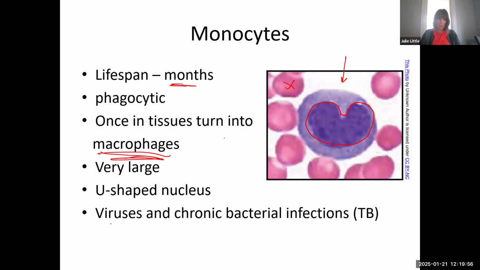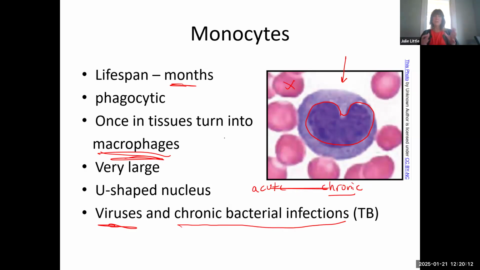Okay. I think these are another guy that is very active in viral infections, or if you have chronic, meaning long-acting, bacterial infections. There is a difference between an acute infection and a chronic one. A chronic one tends to be one that slowly comes on and takes forever to battle, or it can be persistent for a long amount of time.